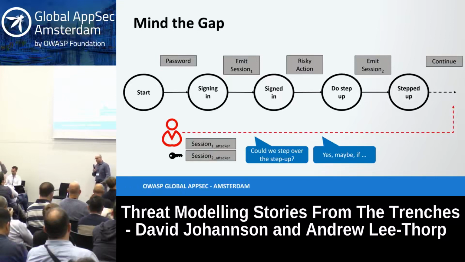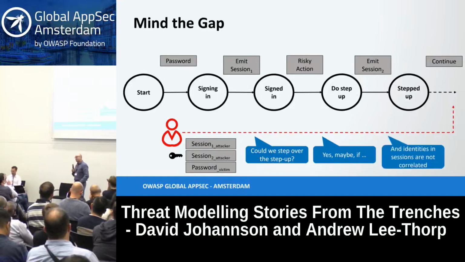And one of those things is that if the attacker knows the victim user's password, then maybe, if those sessions are not correlated, they can log in as the user, then substitute their own step-up session token and do risky transactions as the victim user. Now, that's an attack possibility. In fact, that happens more often than you think.